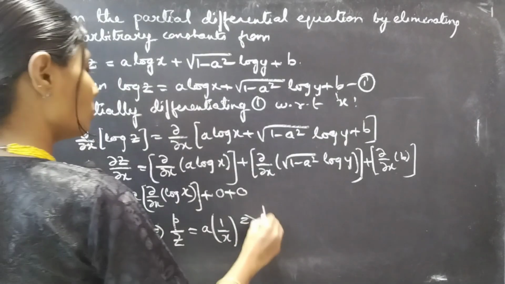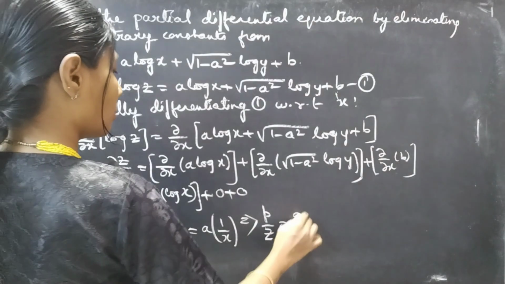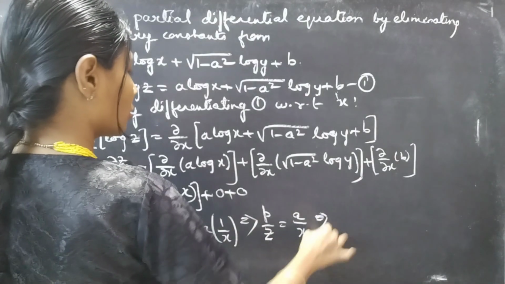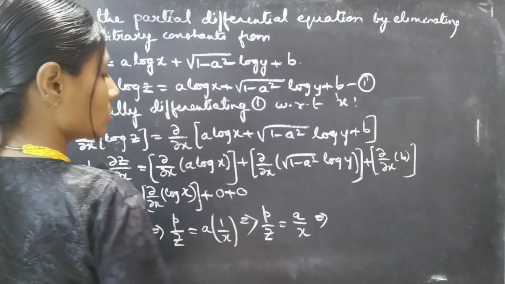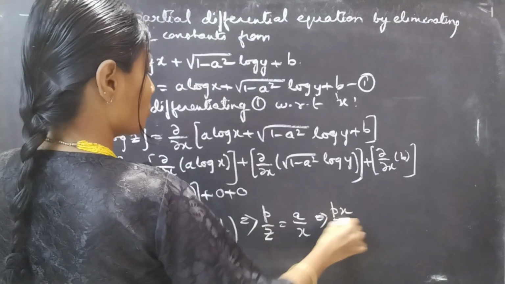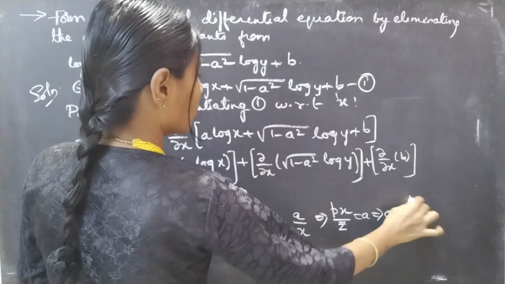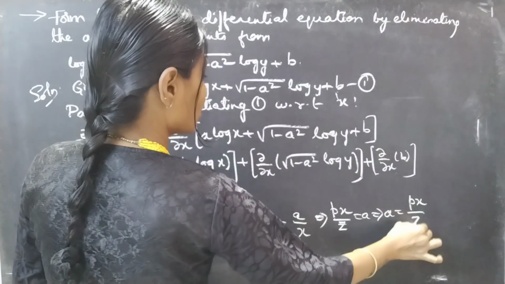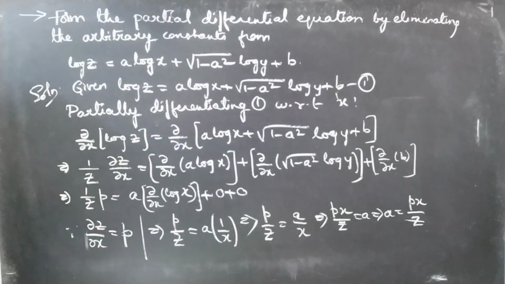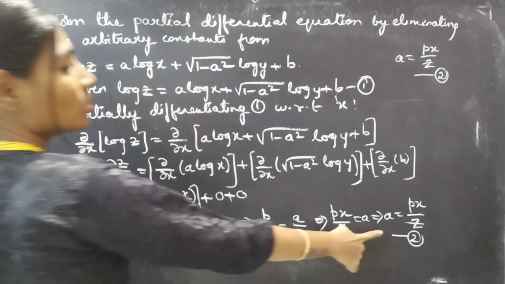Which gives us p by z equal to a by x, or just bring this x to LHS, you'll get px by z equal to a, or we can write this as a equal to px by z. We'll consider it as equation 2.